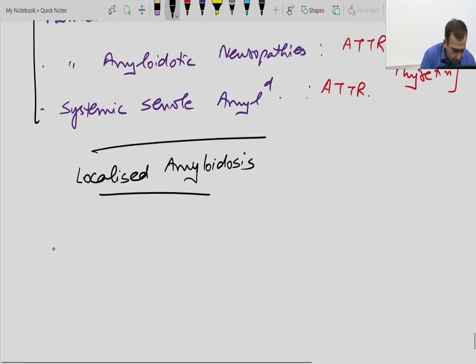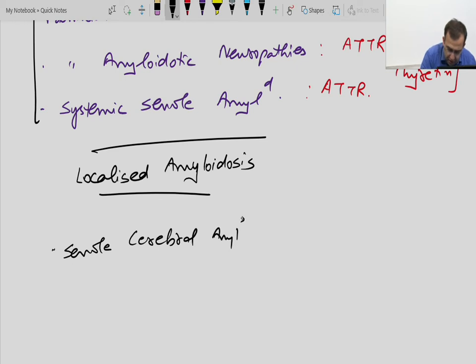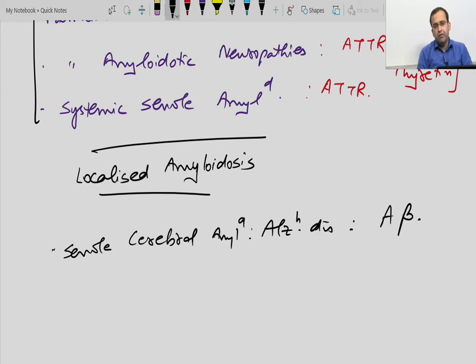Localized amyloidosis is senile cerebral amyloidosis, which is Alzheimer's disease, associated with deposition of A beta. So do not confuse beta 2 microglobulin of dialysis, or ATTR of systemic senile, with A beta of Alzheimer's.